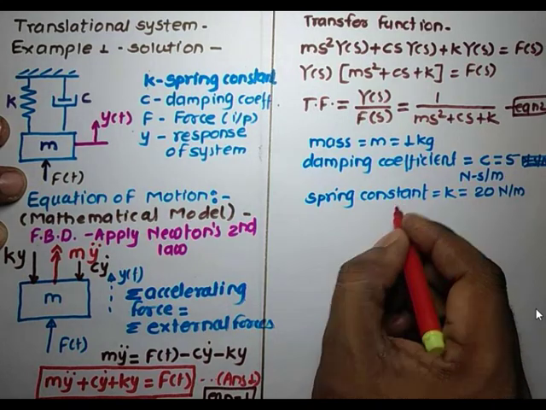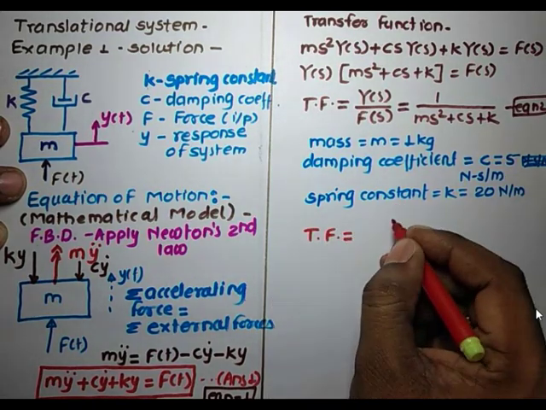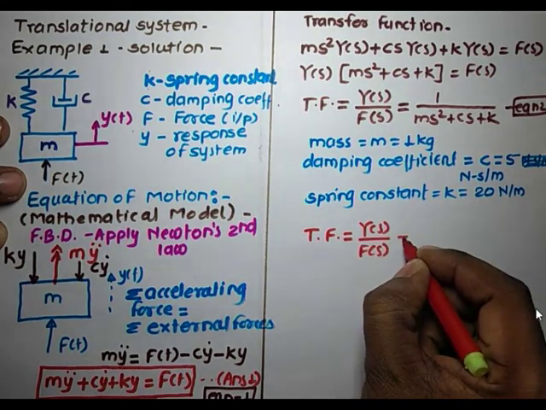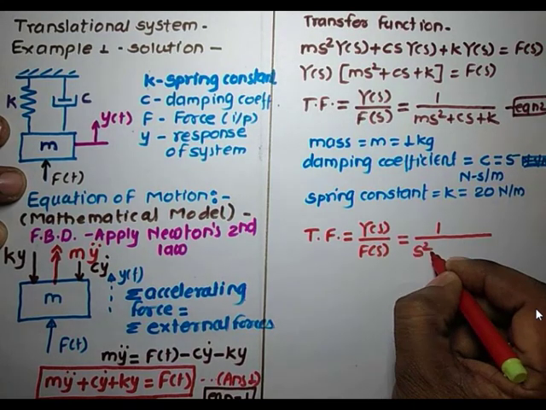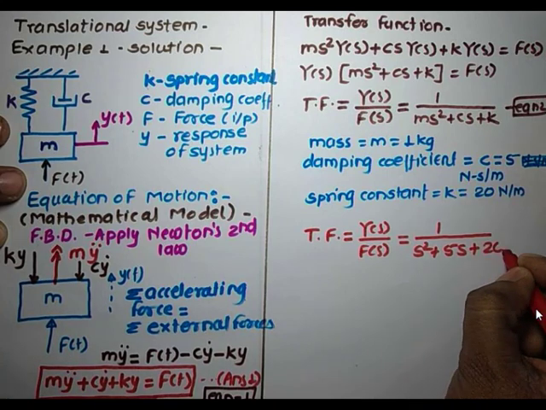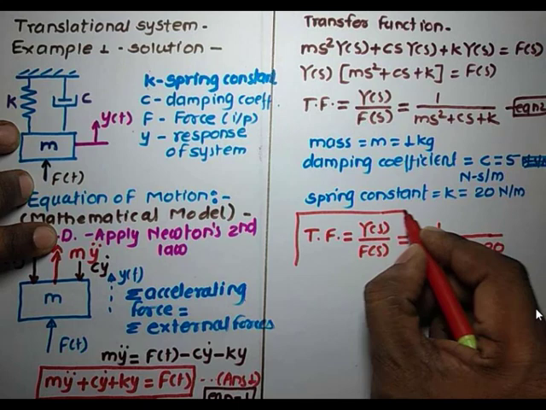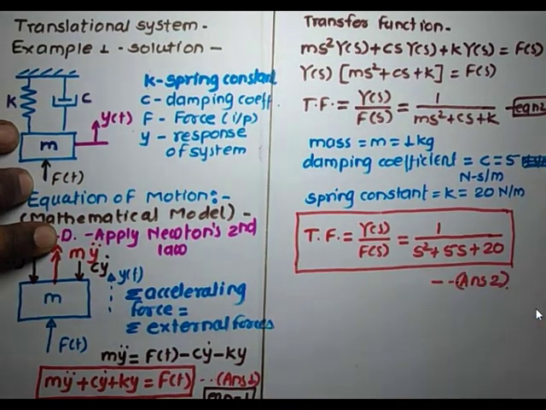After substituting all these values, we'll get the transfer function. So the transfer function Y of s by F of s is equal to 1 upon s square plus 5s plus 20. So this is the transfer function of the given mechanical system, and this gives answer 2.